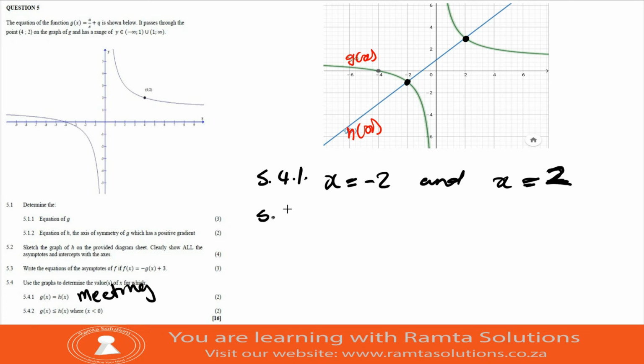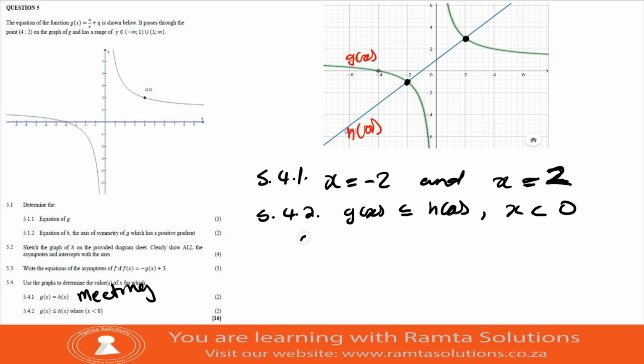Now 5.4.2, they say g of x is less than or equal to h of x. But guys, there is a condition. x must be less than 0. So check this out.